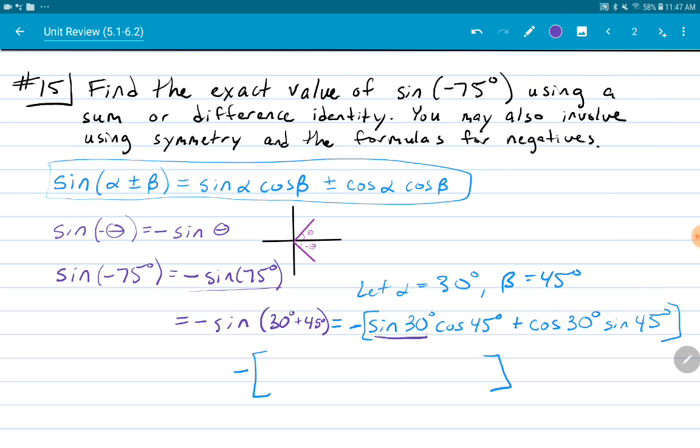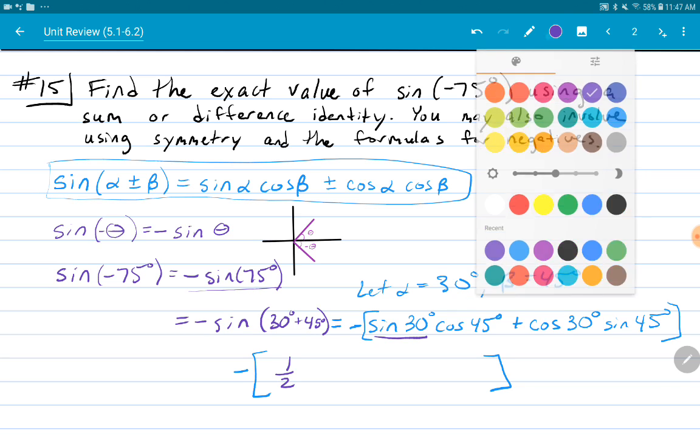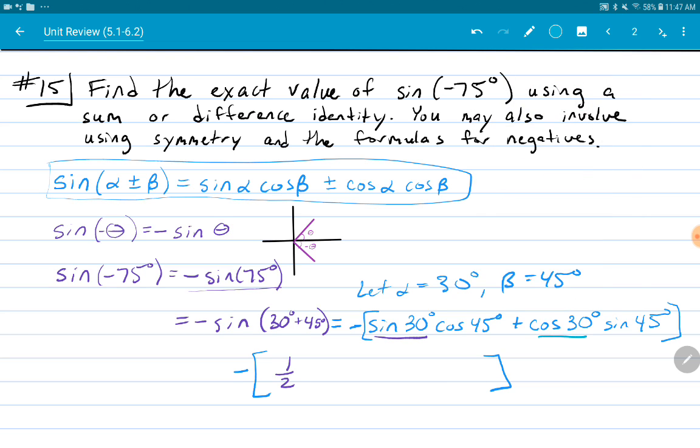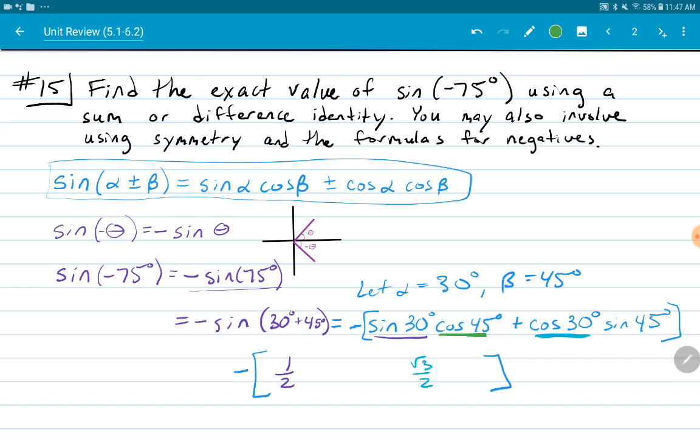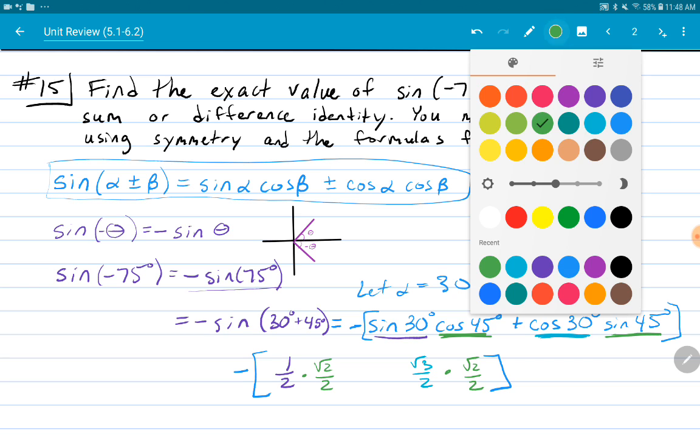Sine of 30 degrees from my unit circle is 1/2, and cosine of 30 degrees is radical 3/2. The cosine of 45 degrees is radical 2/2, and sine of 45 degrees is radical 2/2. And I have that plus sign in the middle.